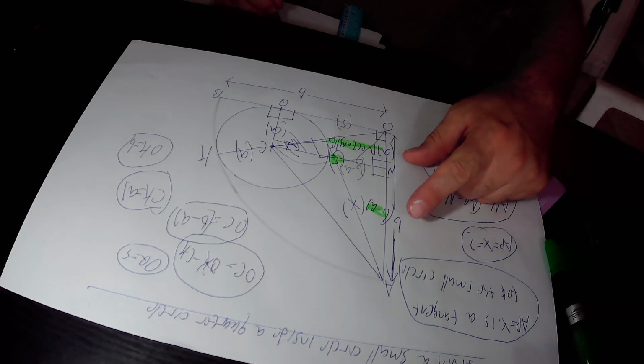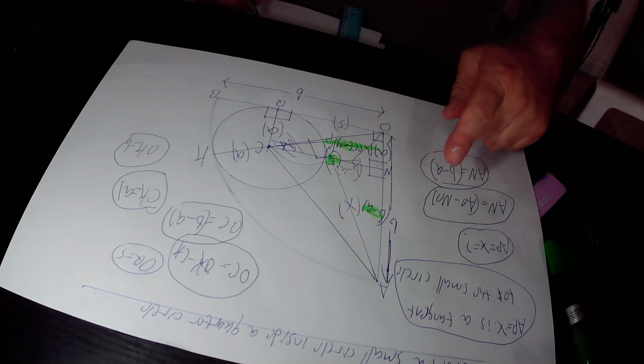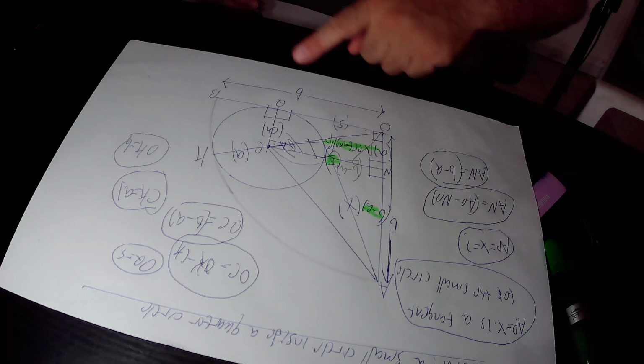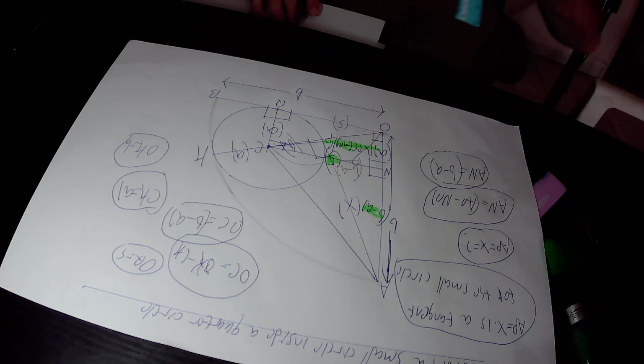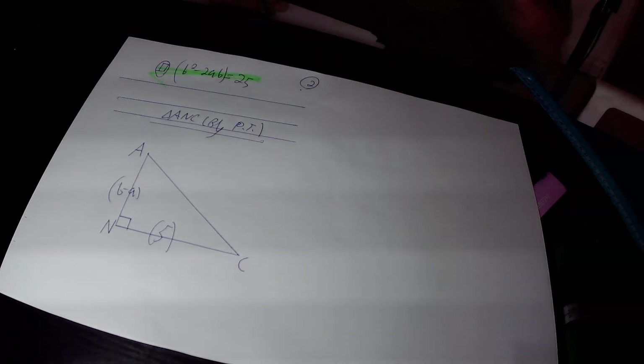Side AN equals B minus A, NC equals 5 units in its length, and AC, the opposite side, is the missing side. So actually, this is the right triangle ANC that I copied from the original drawing.